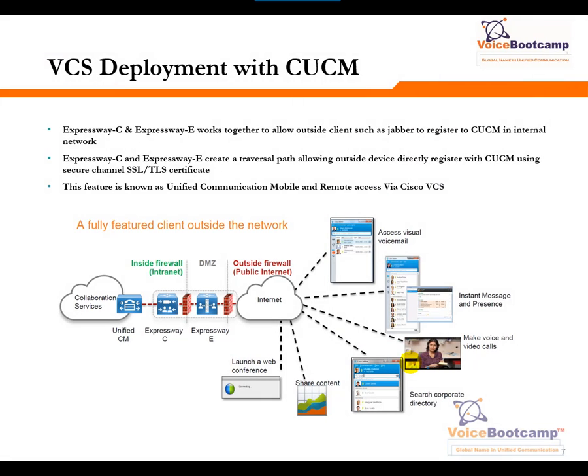The third deployment model is when you have the VCS control and expressway edge used to allow outside clients, such as Java or SIP clients, to be able to register to the call manager inside. So what is going to happen is you are still going to have a firewall, both an internal firewall and an external firewall.